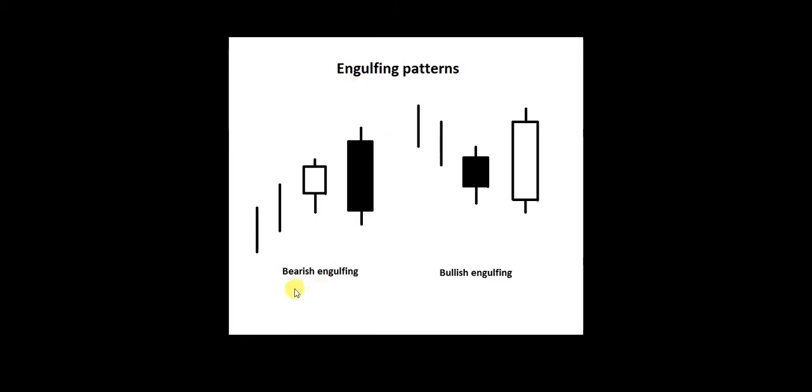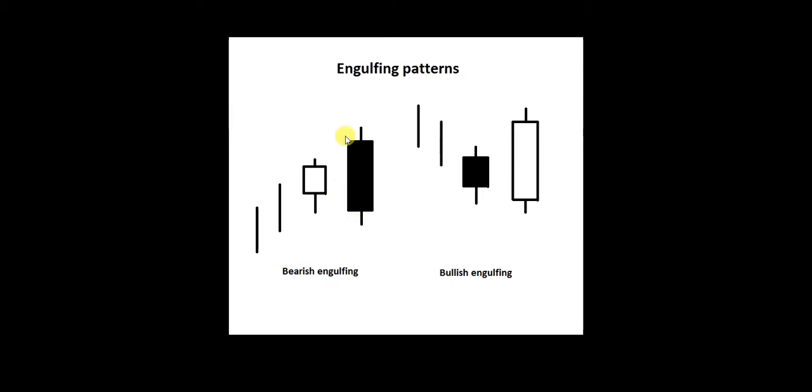Okay, the bearish engulfing is like this. It's bearish, it's down, and the bullish engulfing is like this. That powerful big body. So keep in mind, the engulfing patterns have a big body.